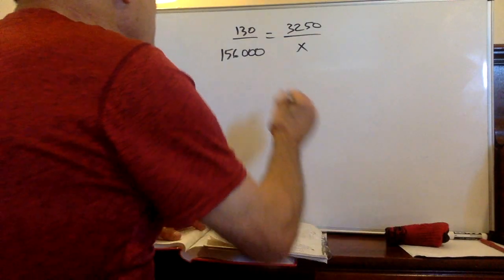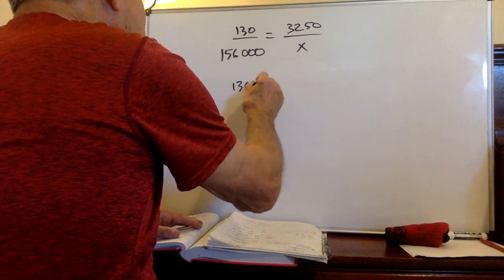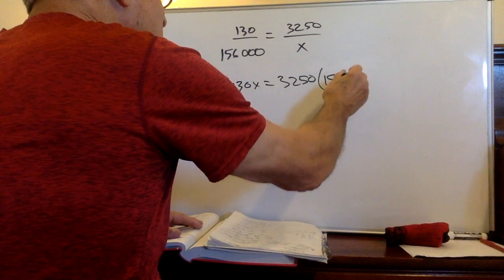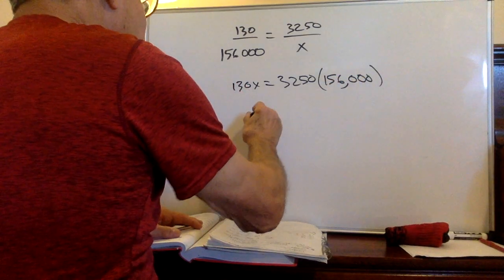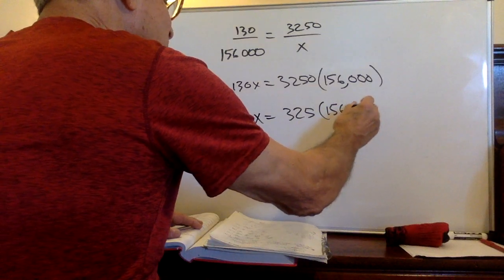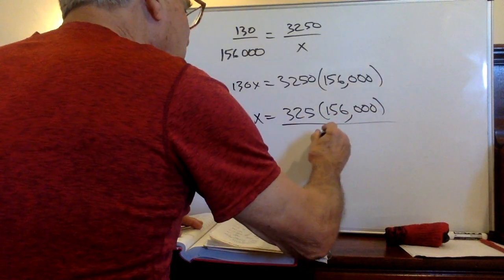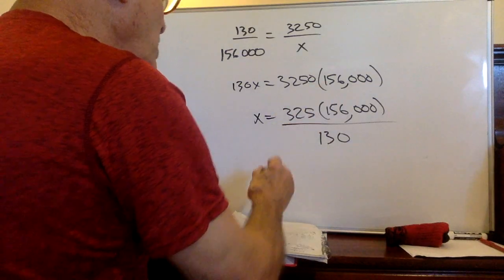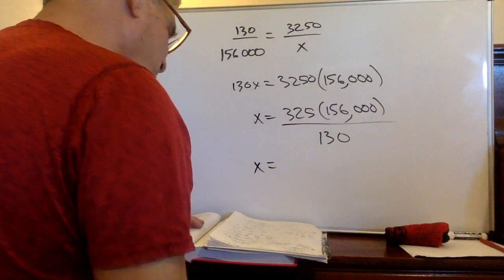So there's your equation. So you get 130x is equal to 3,250 times 156,000. Therefore, x is going to be 3,250 times 156,000 divided by 130. Again, you could just do it out longhand if you want. Plug it in a calculator, make it a whole lot easier.